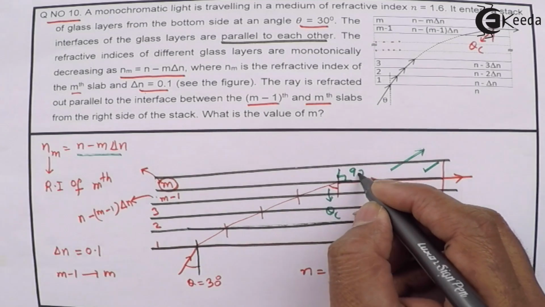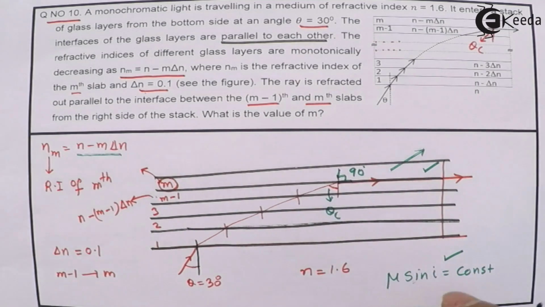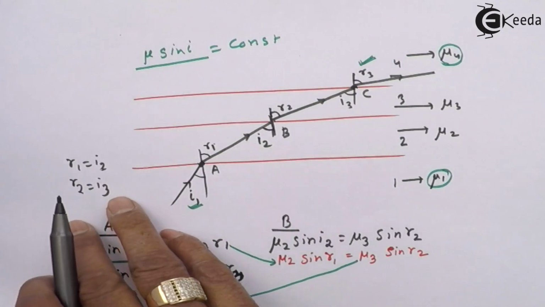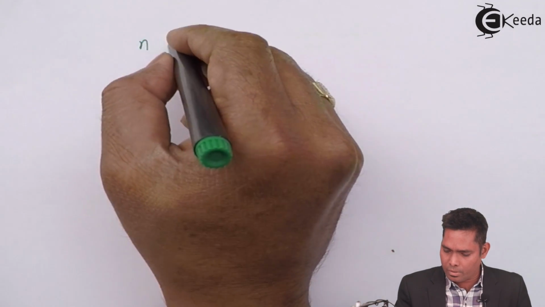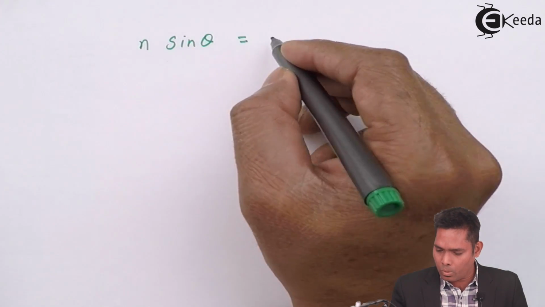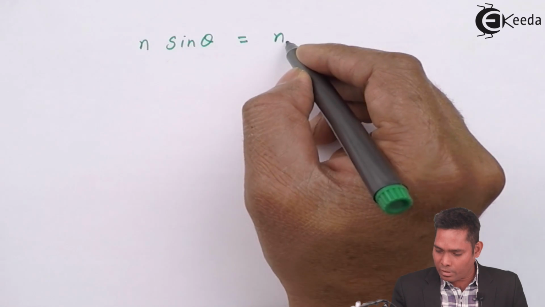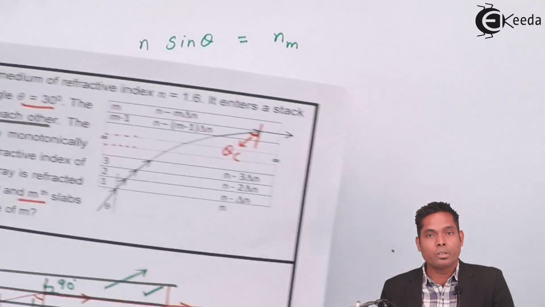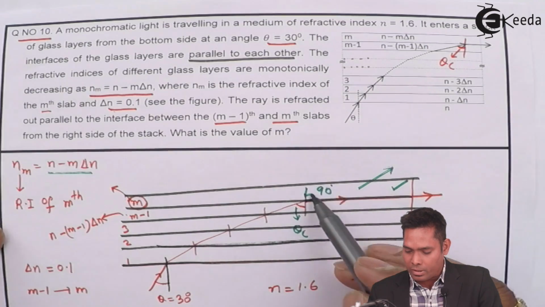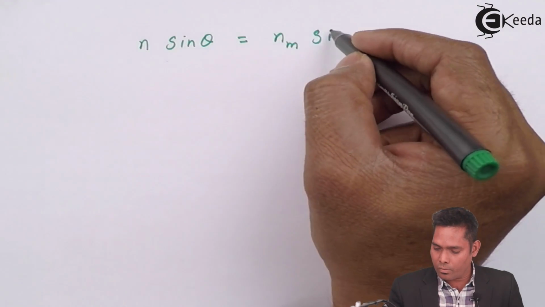This angle is 90, so I can write directly using this and this. So what will I get? n sine of theta, first one, must be equal to the refractive index of the mth one, because I'm relating to the mth medium, and sine of this angle, which is sine of 90.